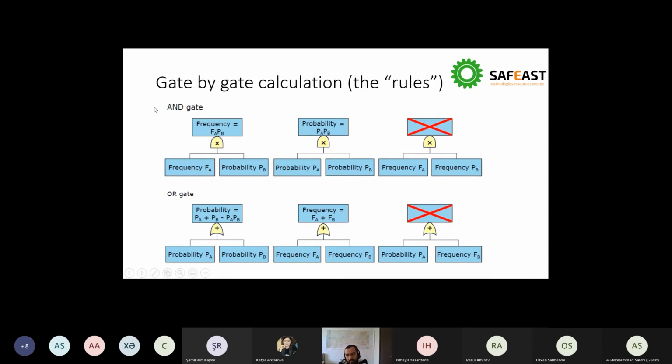But in an AND gate, you cannot use frequency times frequency, because it's per year times per year, so it will not make any sense here. You would have a per year squared. And in an OR gate, you can add probability to probability, you can add frequency to frequency, but you cannot add probability to frequency or vice versa, for the obvious reason that one of them has a unit, but the second one hasn't.